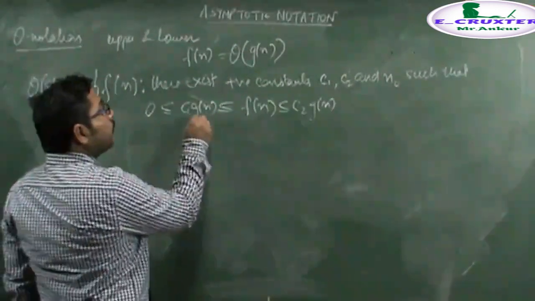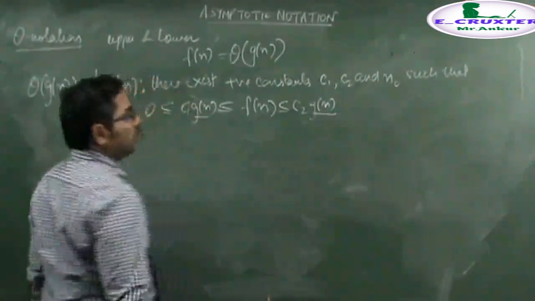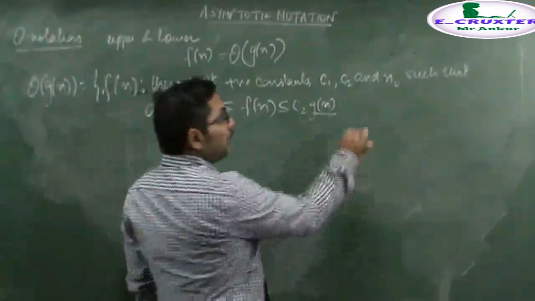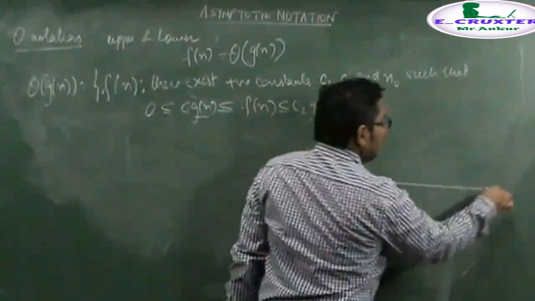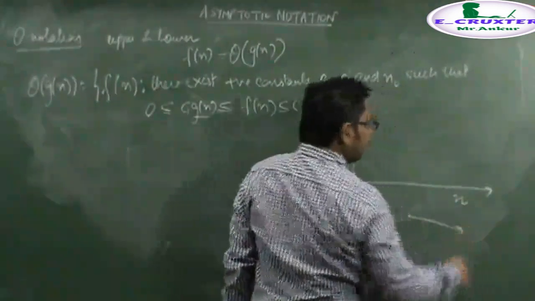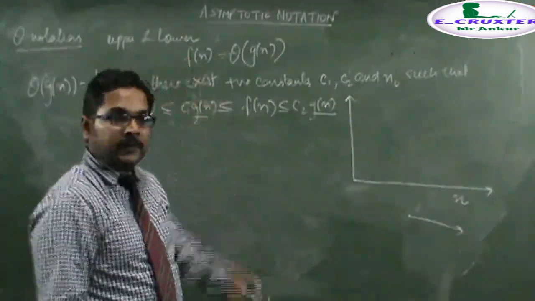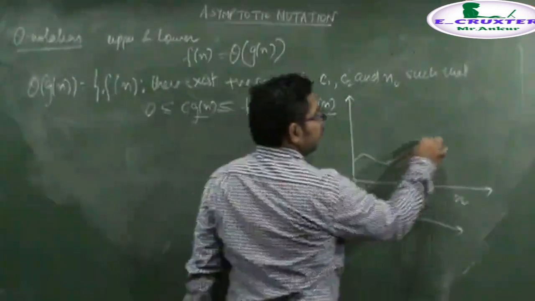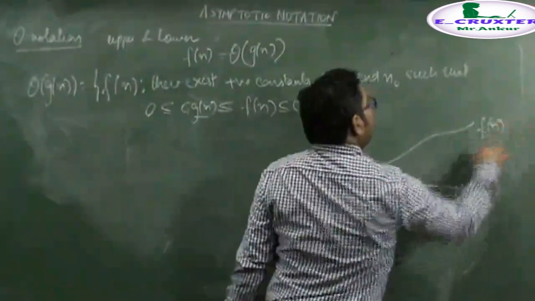Notice that both bounds here use the same function g(n). Diagrammatically, if we take n as the input and there is an f(n) function, let's say this is C1 g(n) and this is C2 g(n).